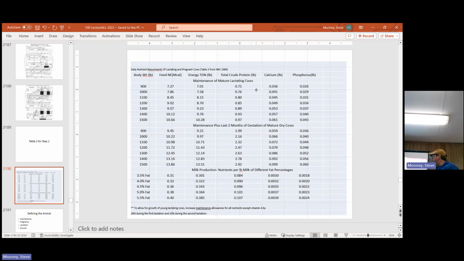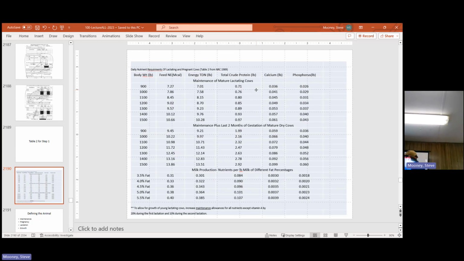Down here at the bottom, we have the energy, protein, calcium, and phosphorus needed to produce each pound of milk. So if we want to do the lactation requirements, we have to do some multiplication.